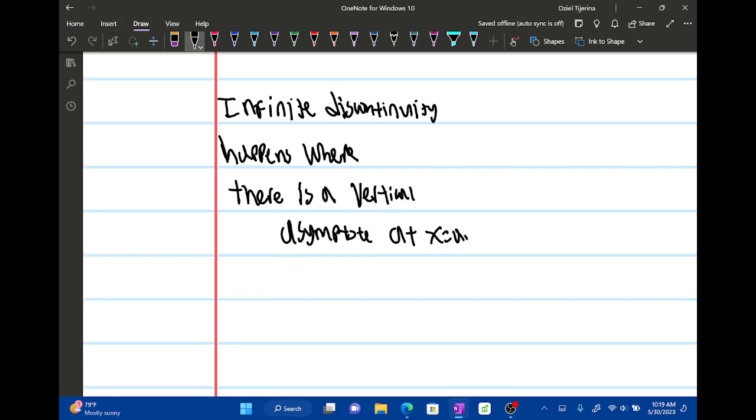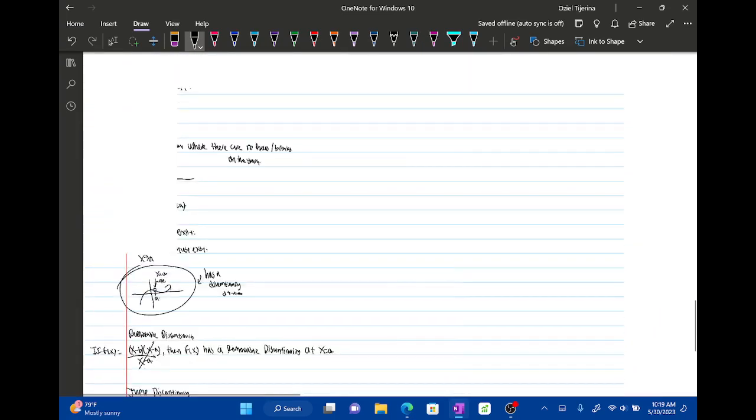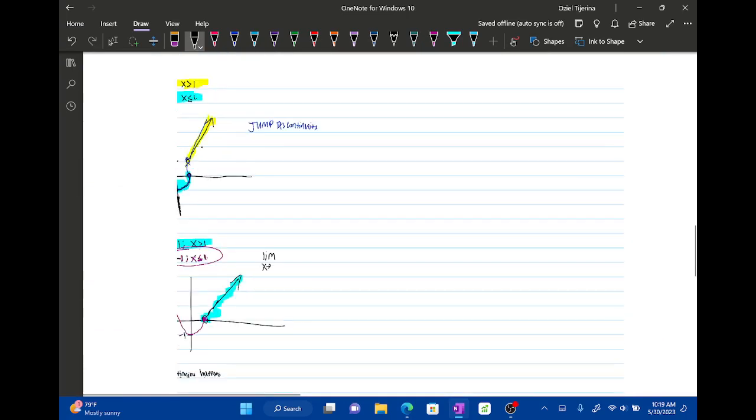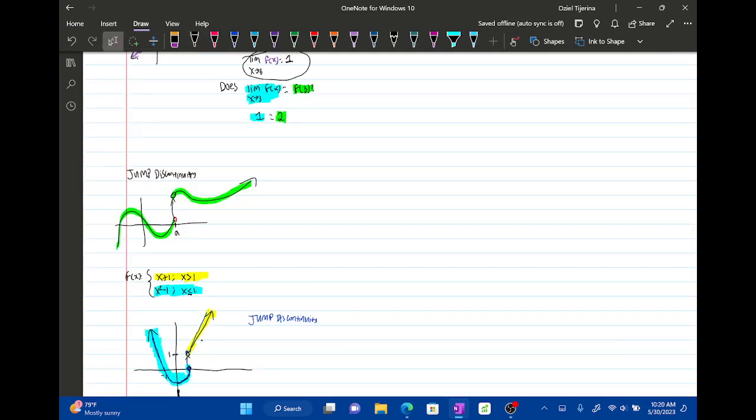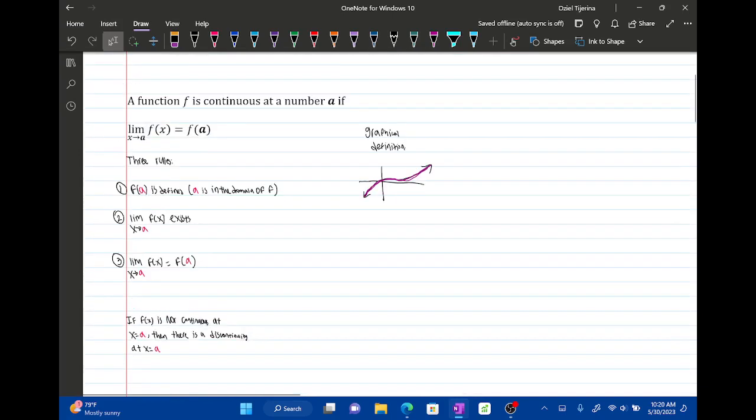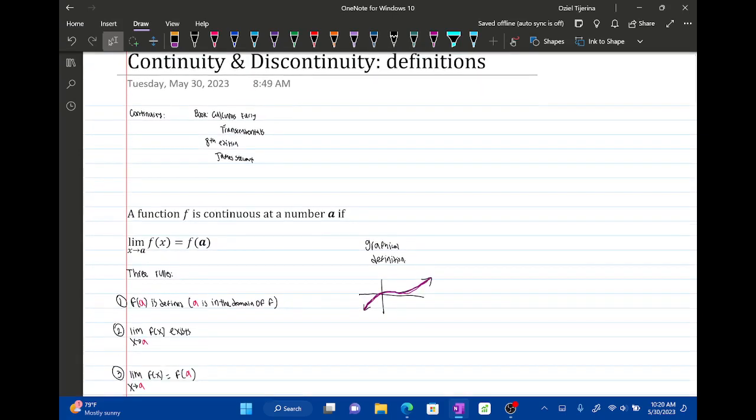Okay guys, so these are all the ideas of what continuity is, what it means, and what jump, infinite, and removable discontinuity mean. If this video ended up being so long, I really do apologize. I really wanted to go over continuity and discontinuity definitions and all this good stuff.